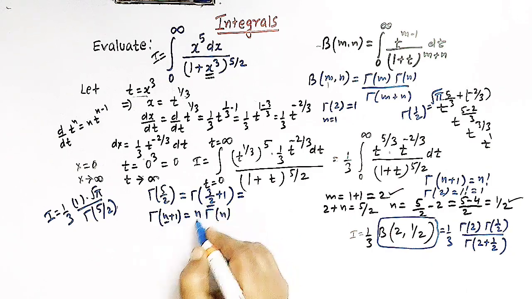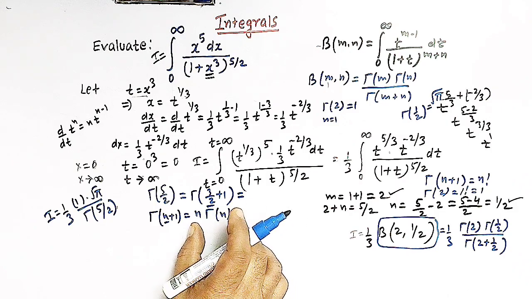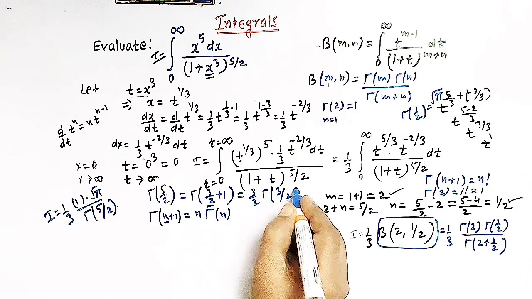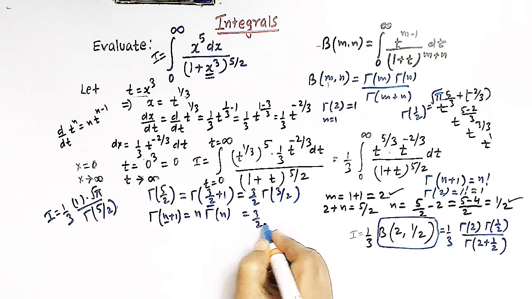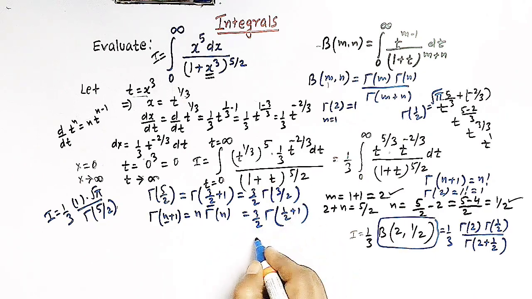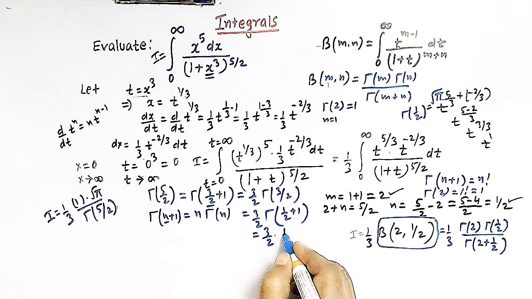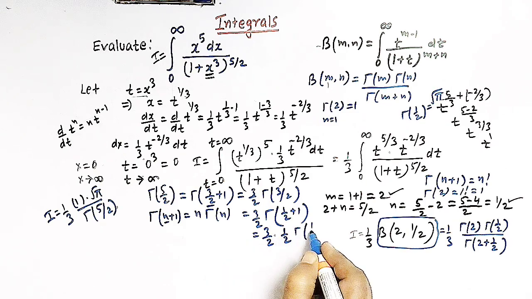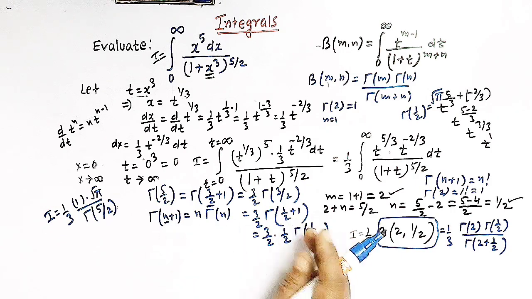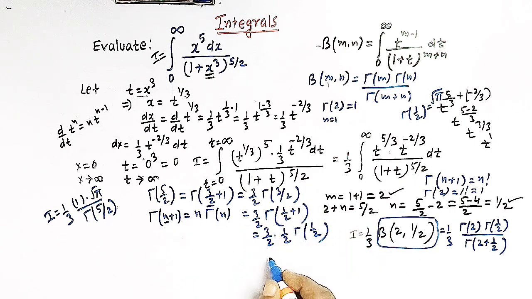So taking n is equal to 3 by 2 in this relation, we have 3 by 2 gamma 3 by 2. And further we can split 3 by 2 as half plus 1. So now we have 3 by 2 times half times gamma half. So again applying this result to this expression, now we have 3 over 4 gamma half. Gamma half is square root of pi.